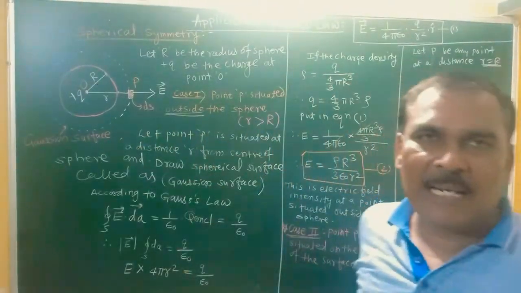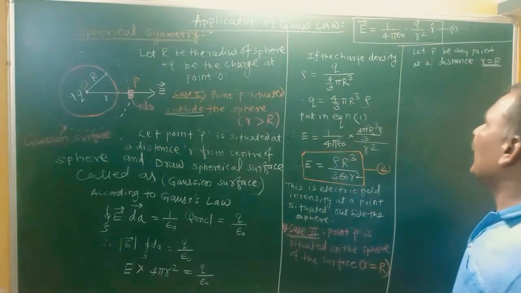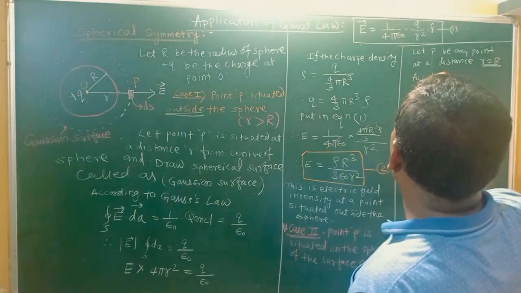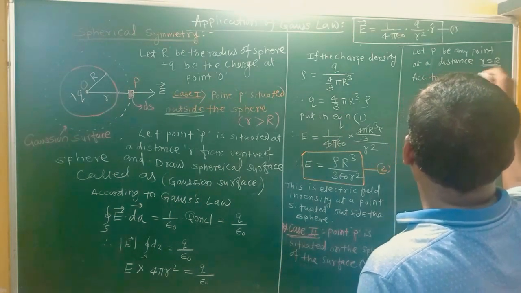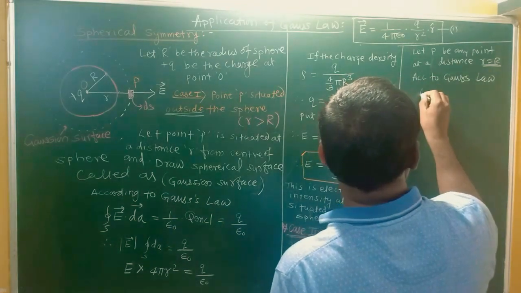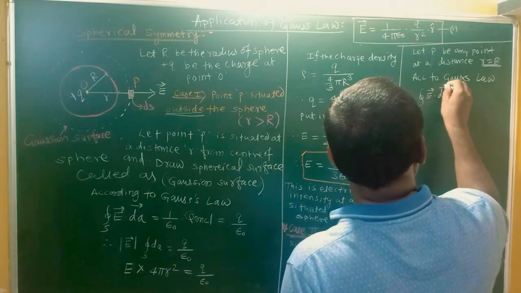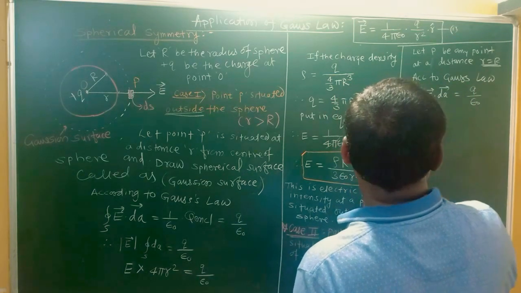Both the points are at the boundary. Small r and capital R are similar. At that time again we have to derive the electric field intensity according to Gauss law. What is Gauss law? Surface integration of E bar dot dA bar is equal to Q upon epsilon naught.